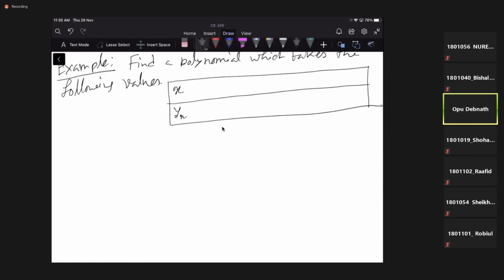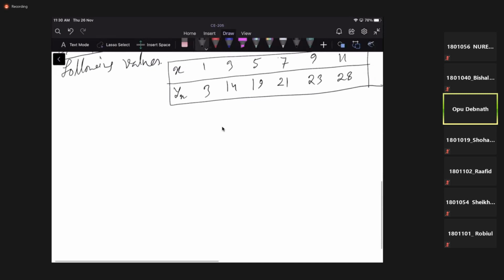Y of x, that means corresponding values: 1 is 3, 3 is 14, 5 is 19, 7, 9, 11 with corresponding values 21, 23, and 28.